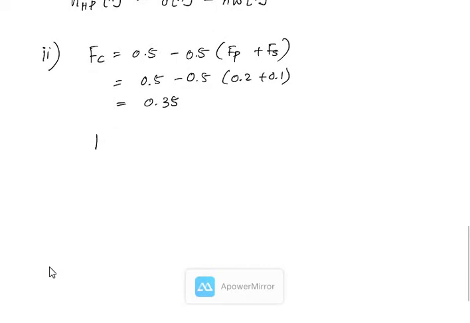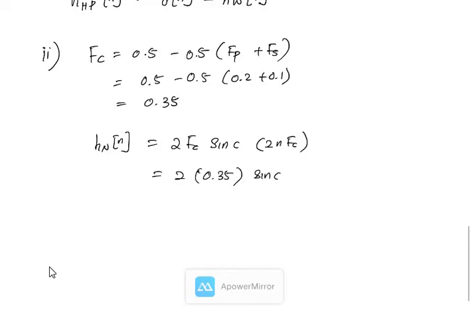And then we calculate Hn, that is 2Fc sin 2πnFc. This is equivalent to 2 times 0.35 sin 2 times 0.35 times n, which is 0.7 sin 0.7n.